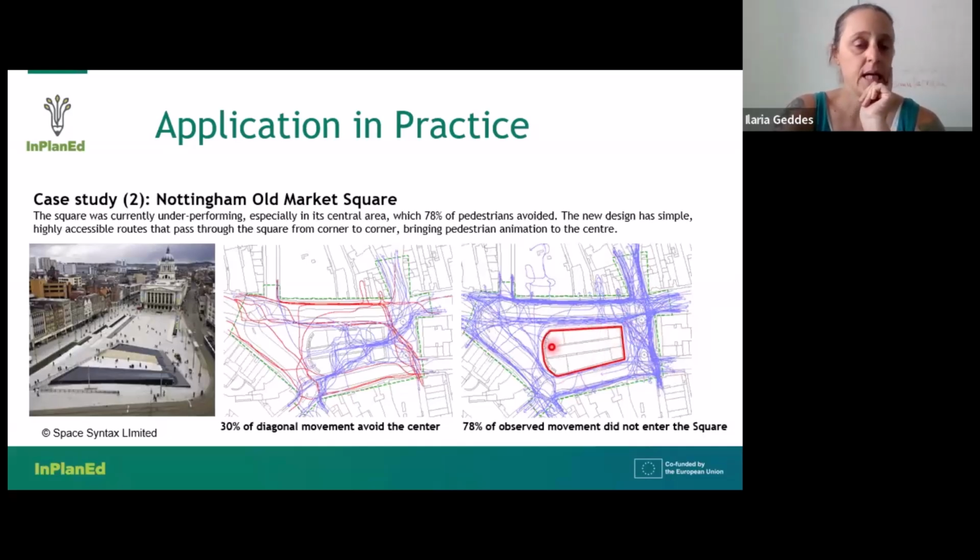So what they did was this design, which pedestrianized this side of the road. This end in front of the church was already pedestrianized.